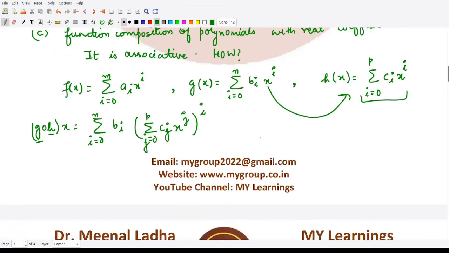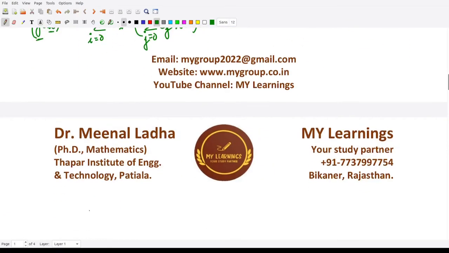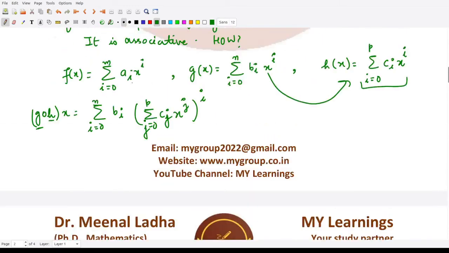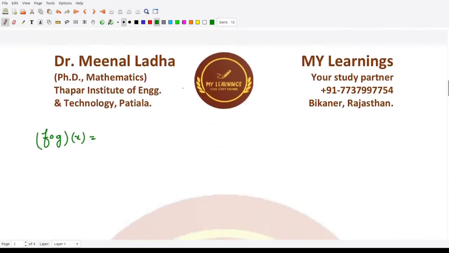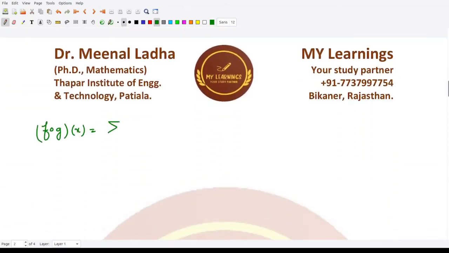Next let's calculate f o g of x. Again, in the expression for f of x, in place of x we write the whole of g of x. So it would be the summation i varying from 0 to m of a_i, and instead of x we write the expression for g of x.